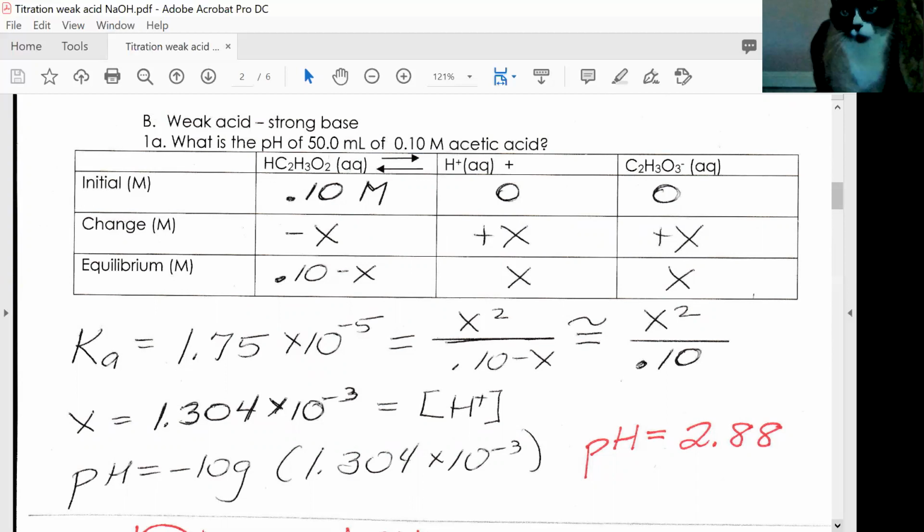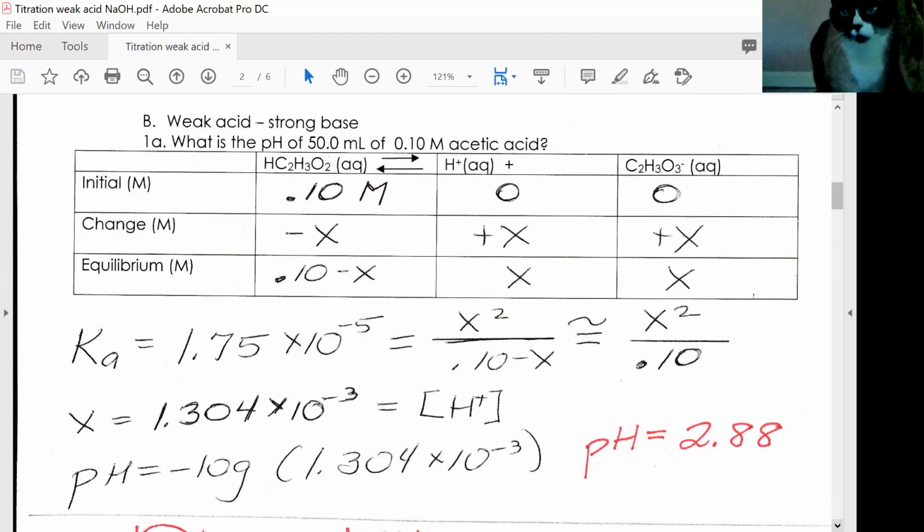You just have acetic acid. So this is an ice table of a weak acid. So let's put in our molarity. Acetic acid is 0.10 molar. We have 0 hydrogen ion, 0 acetate. So fill out your initial.